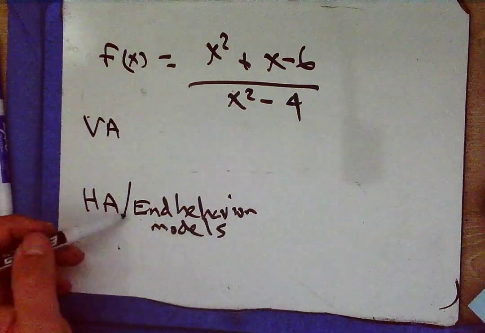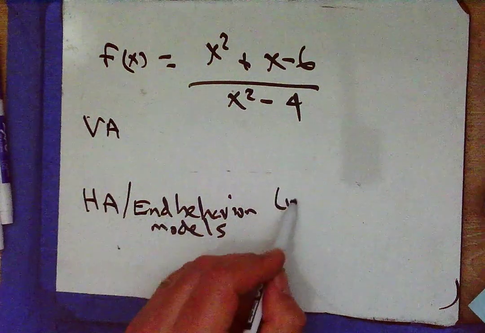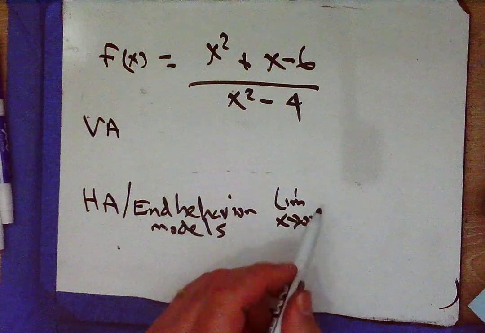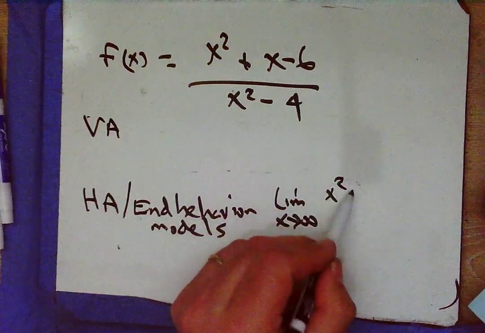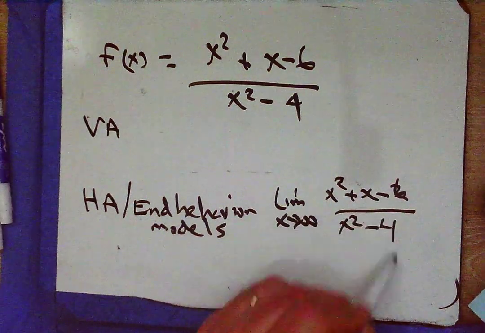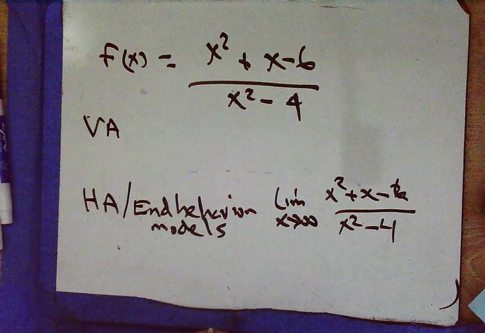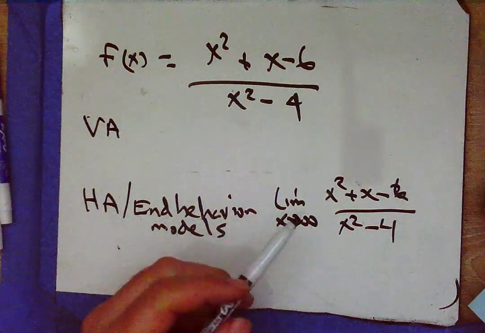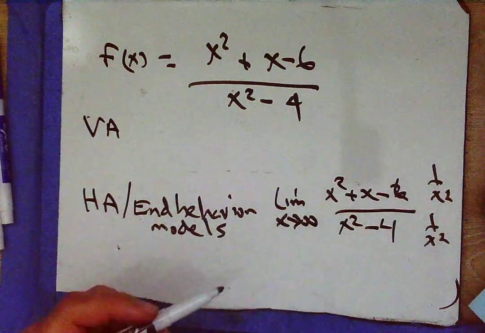Okay, so let's think about this. For end behavior models, I want to think about the limit as x heads to infinity of f of x, so x squared plus x minus 6 over x squared minus 4. I want to multiply top and bottom by 1 over x squared.